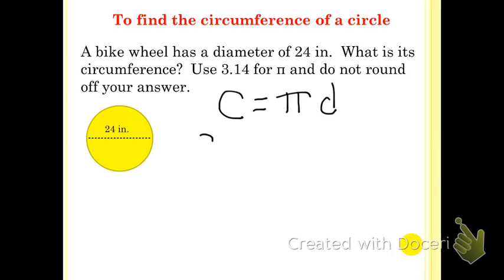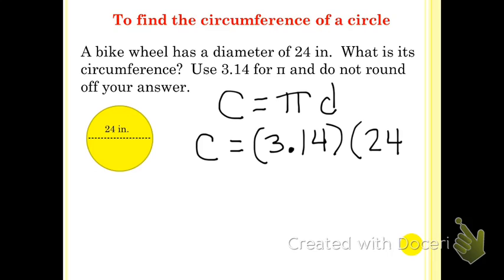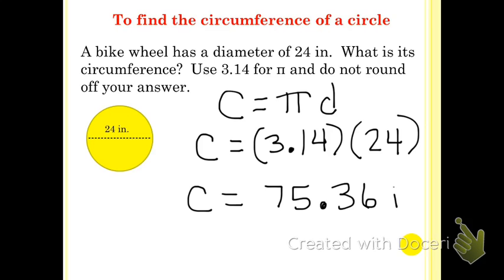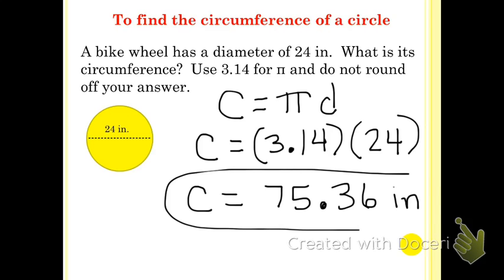So that means circumference C is going to equal 3.14 times 24. And 3.14 times 24 gives me a circumference of 75.36, and my units are inches.